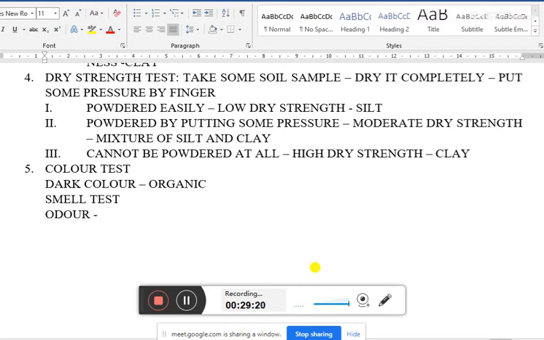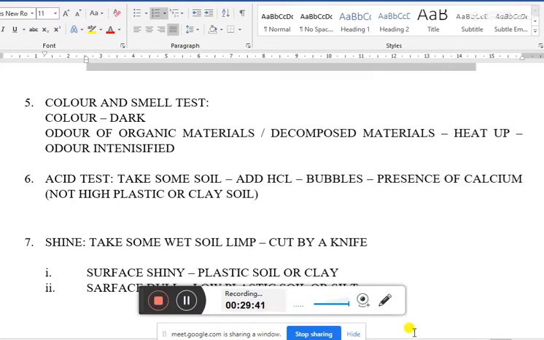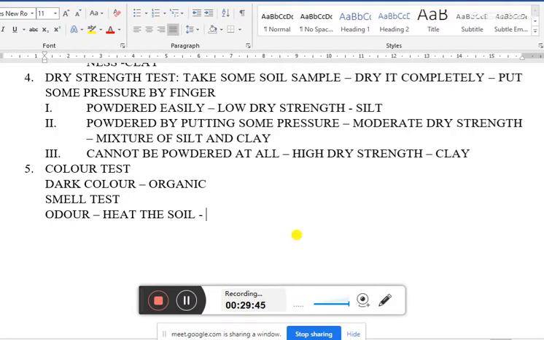The test is that you heat the soil sample, and the odor will intensify.